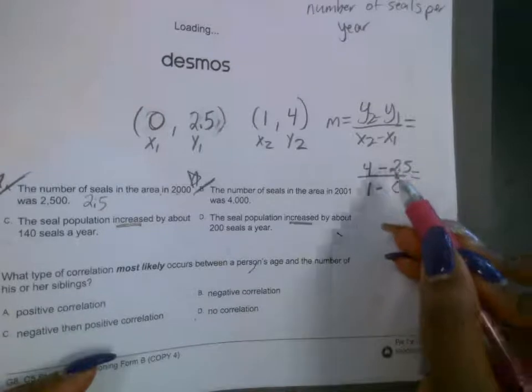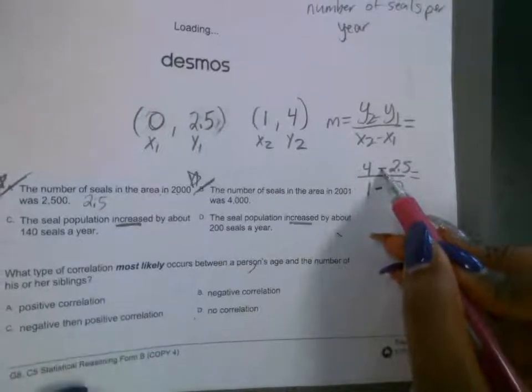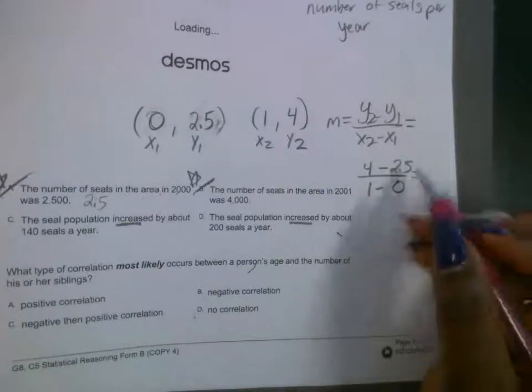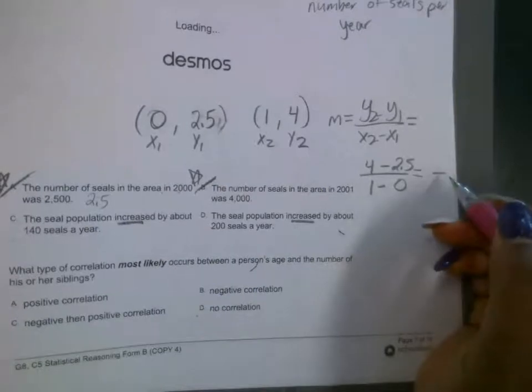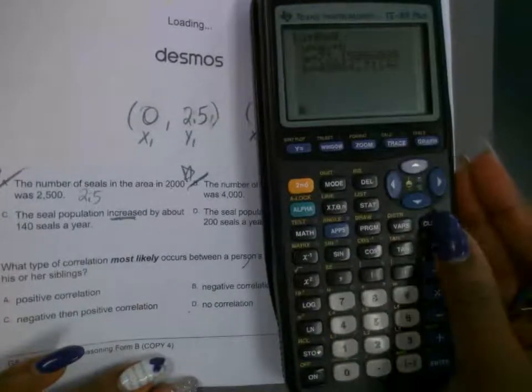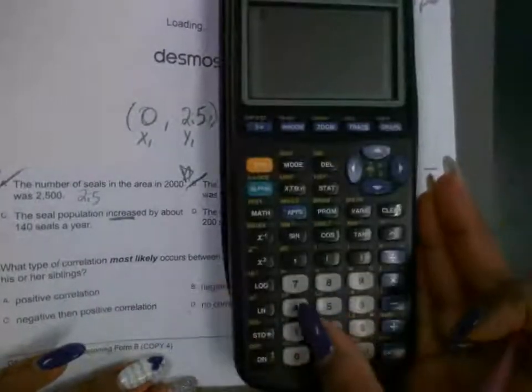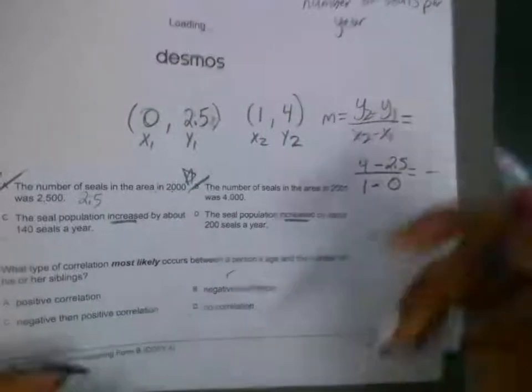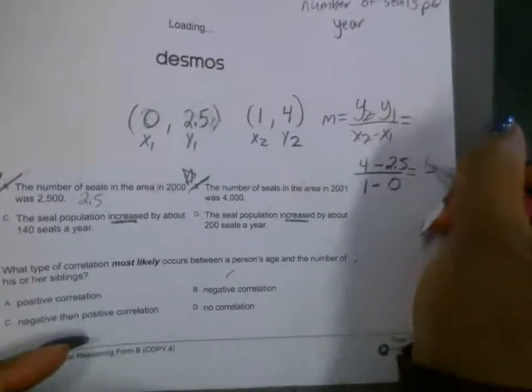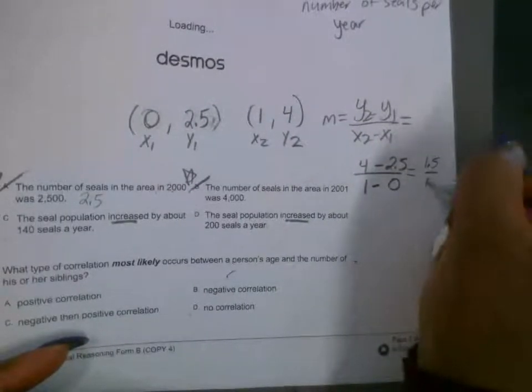So what does that give me on the top? What's 4 minus the 2.5? What does that give us on the top? See that? 1.5. So we got 1.5 on the top and 1 on the bottom.